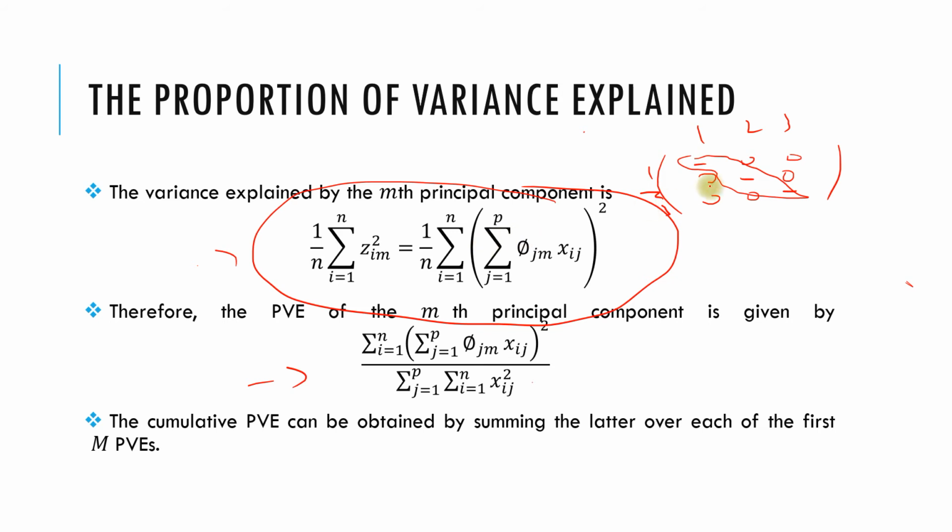So how do you get the proportion of variation explained by the first? Is just by taking the variance for the first component through that formula if you want. You divide the whole thing by the total variance that is explained by all the components. All right. So that is the total variance in the data overall, right? This can also be referred to as the total variance for the data as a whole.